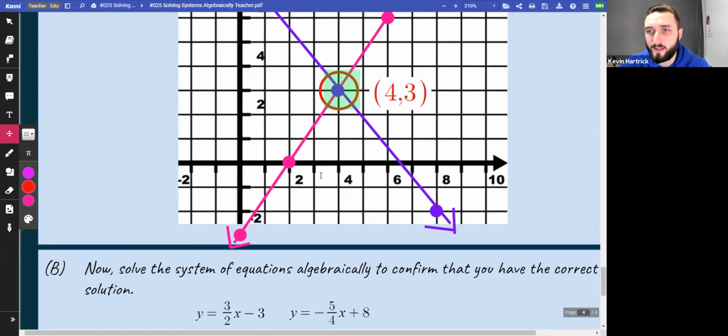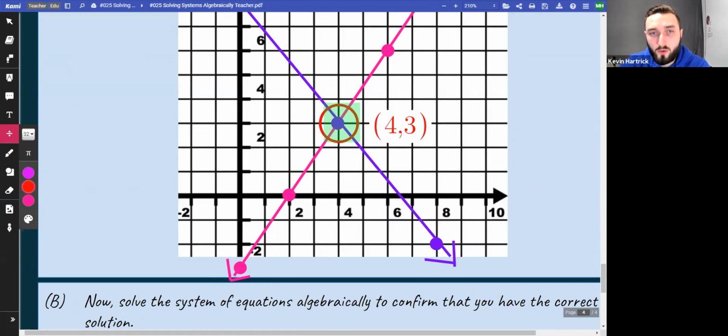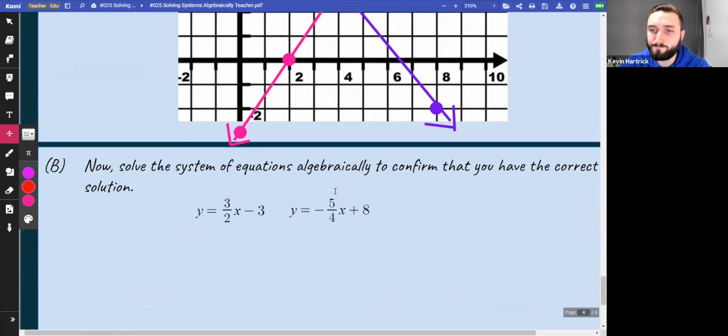So what x value it is where these two lines have the same y value. So the x value in this case should be 1, 2, 3, 4, because at 4, that's where this point is, where they both share that point.